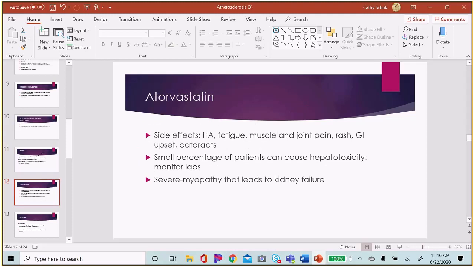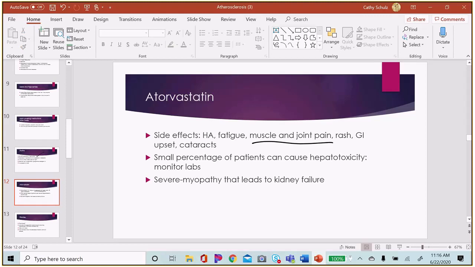Okay, atorvastatin side effects. These are common but non-life-threatening. You could potentially put cataracts in adverse effects because that could change the person's vision, but it's not as common. Headache, fatigue, potential rash, GI upset, and then muscle and joint pain.